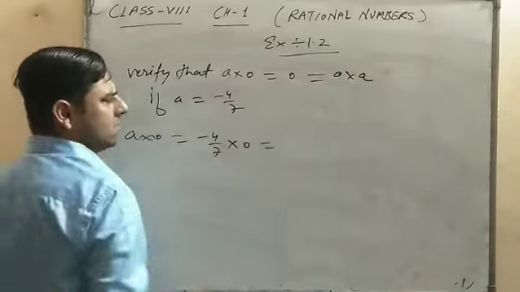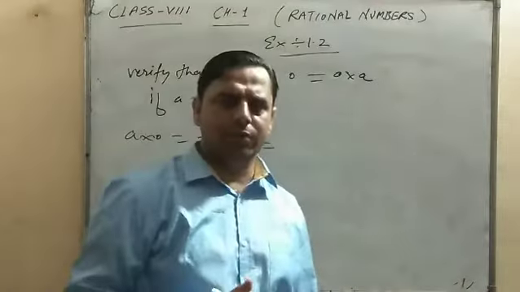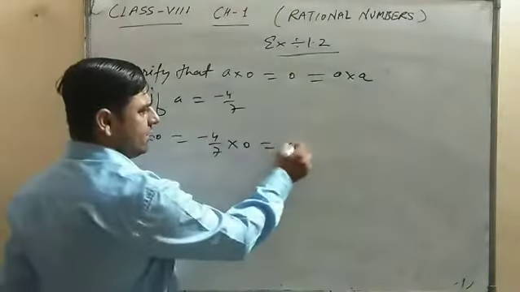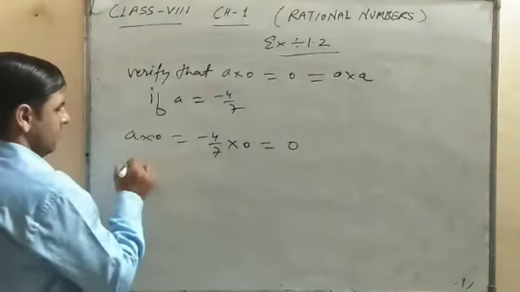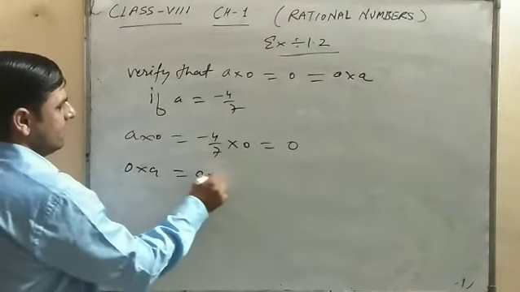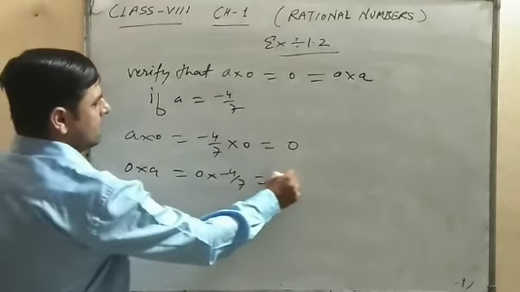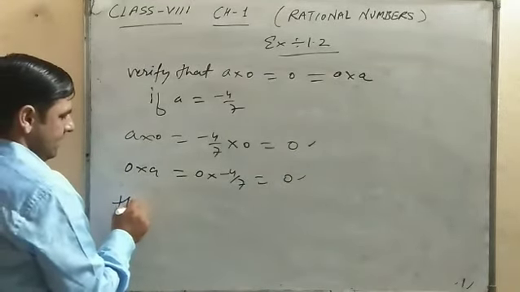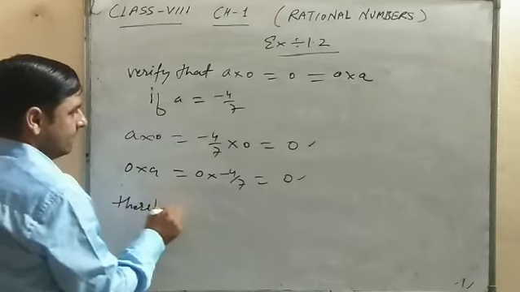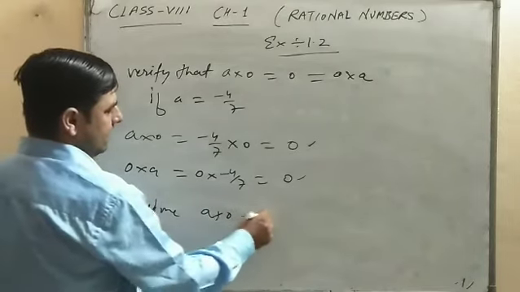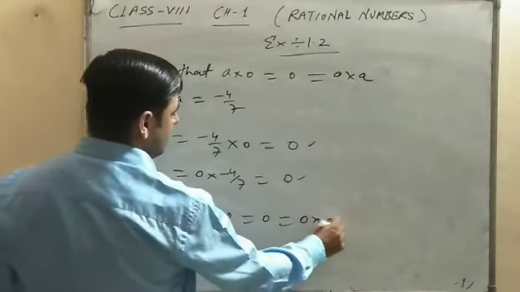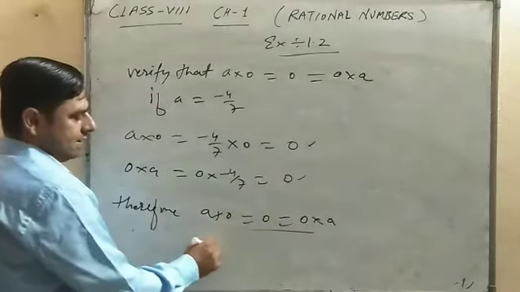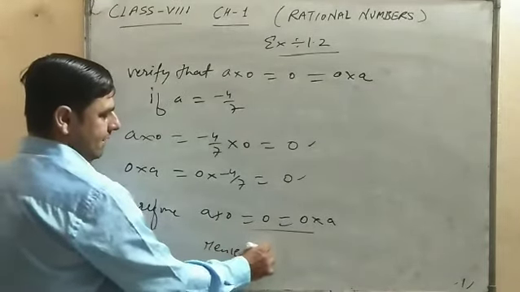If any number is multiplied by 0, then the result will be 0. And 0 into A, so 0 into minus 4 by 7, that is also 0. So therefore A into 0 is equal to 0 and 0 into A is also 0. Hence verified.